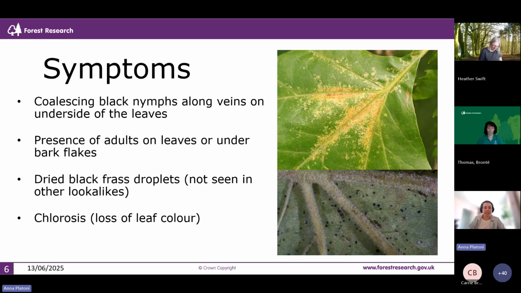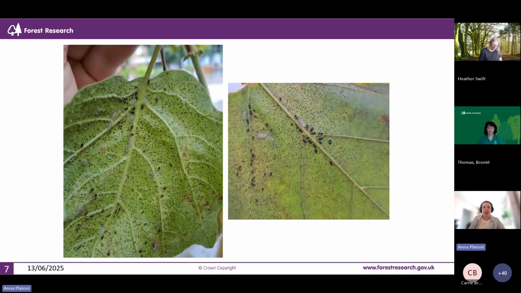So I've got a few more pictures here. You can see the extent of the black frass on that picture on the left, on the underside of the leaves, along with the presence of nymphs and adults, so they're coexisting on the same leaf. The other photo shows a leaf with a smaller population, and you can really see them coalescing along the leaf veins.